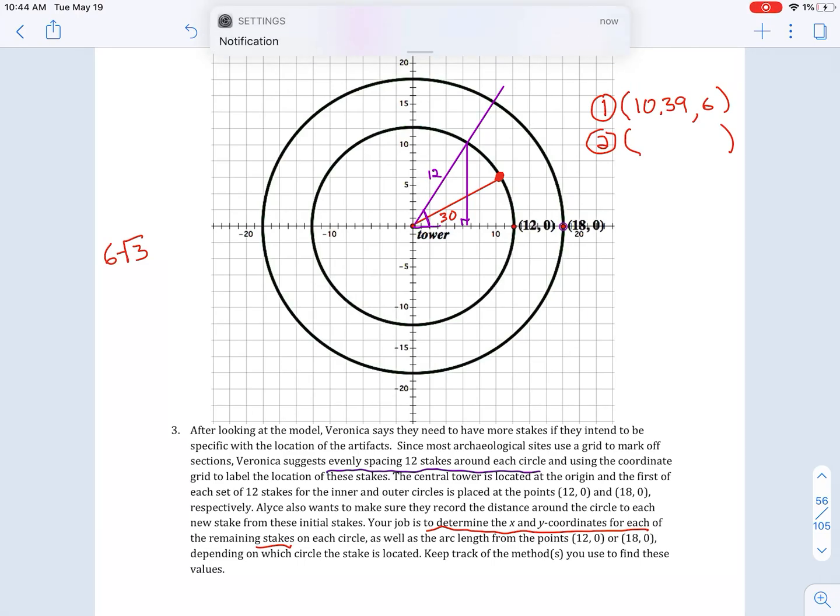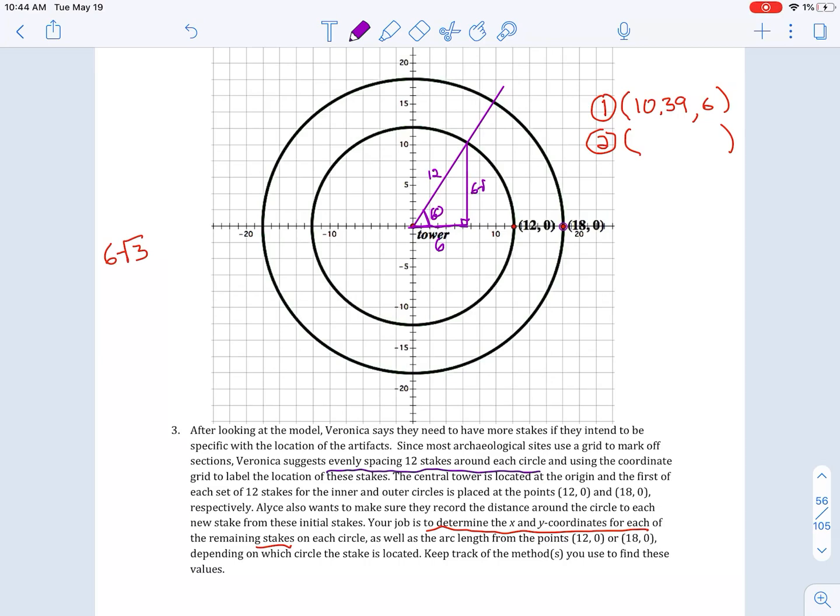So now I have a new triangle that, again, is a 30, 60, 90. Maybe I'll erase that red one because it's getting a little bit jumbled in there. But what's important is that you understand that this angle is now 60 for stake number 2. So the hypotenuse is always 12. So what's the short leg? The short leg, now this is 6, right?